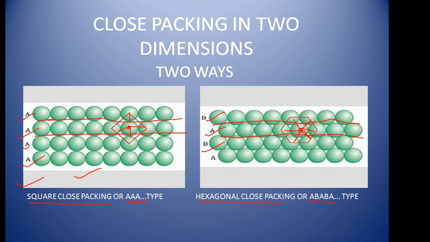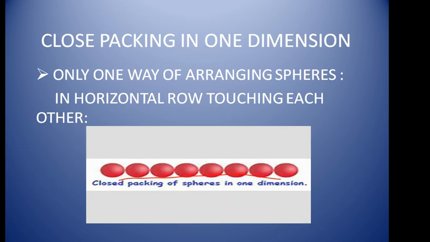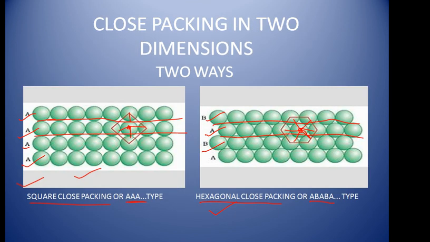As it is in contact with 6 other atoms, the name of this is hexagonal close packing. So in one dimension there is only one option, but in 2 dimensions you get 2 types of arrangement: square close packing and hexagonal close packing.